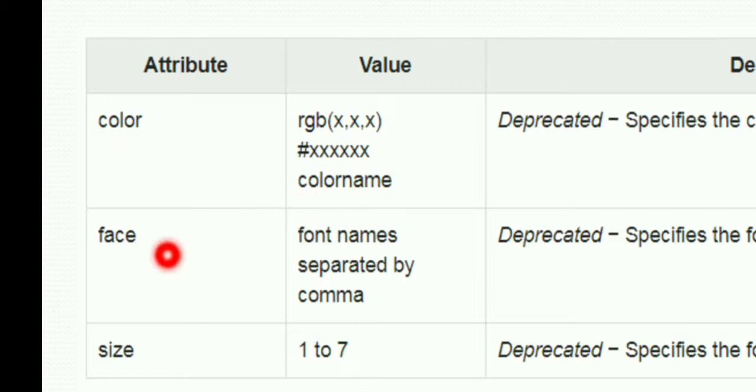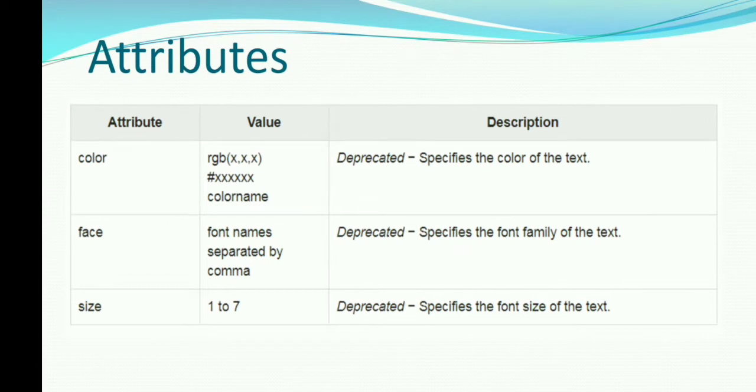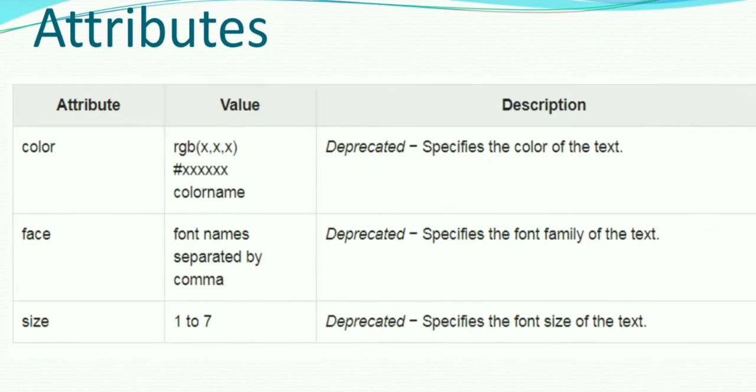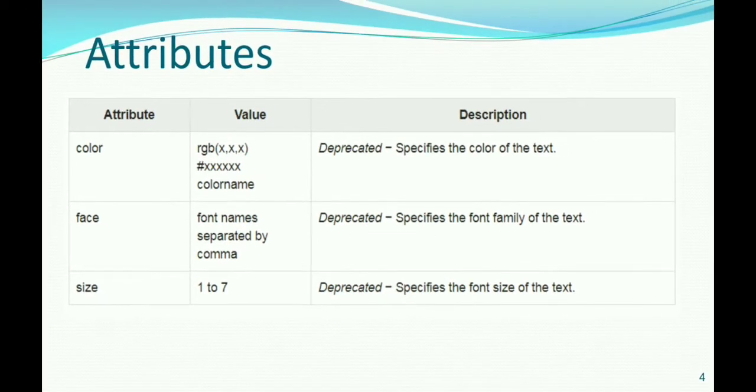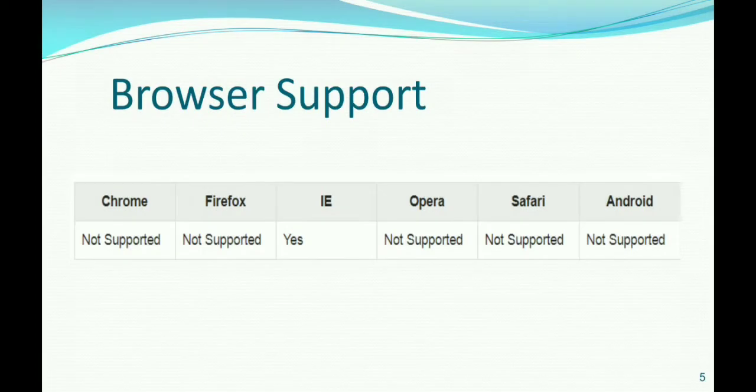Here you can use different font face styles, separated by commas, which specifies the font family of the text. In the size attribute, you can define the size of the base font. It is used to specify the font size of the text. All three attributes are deprecated now because these are no longer in use.